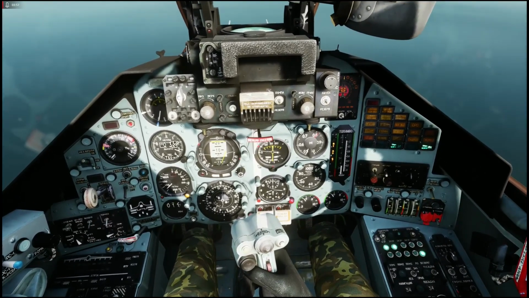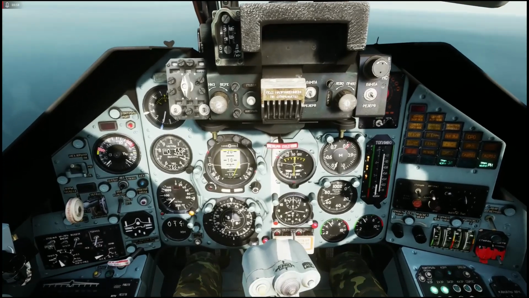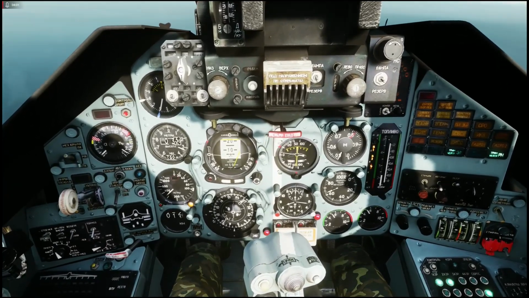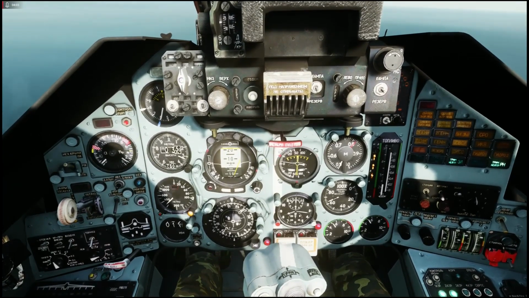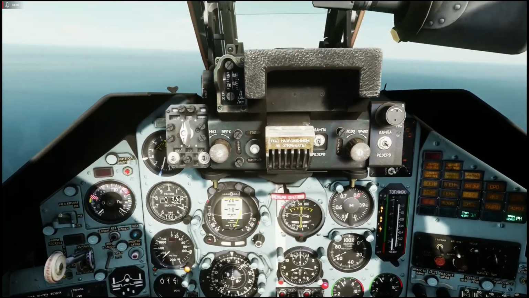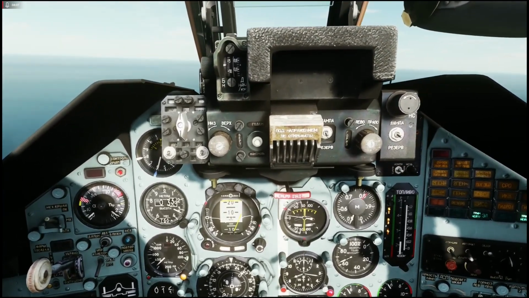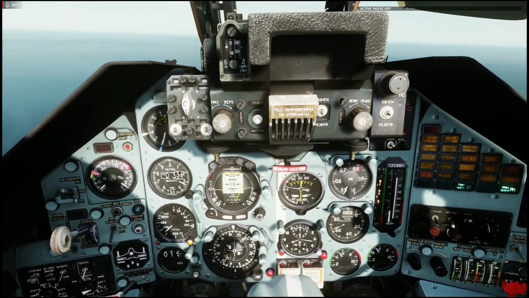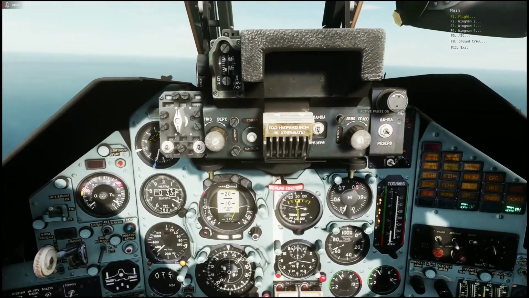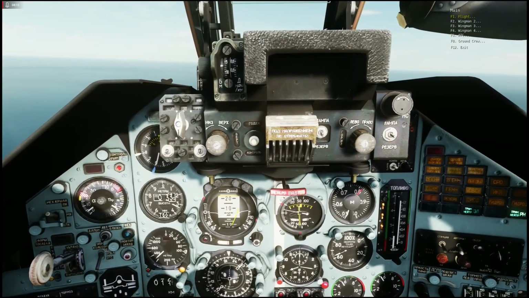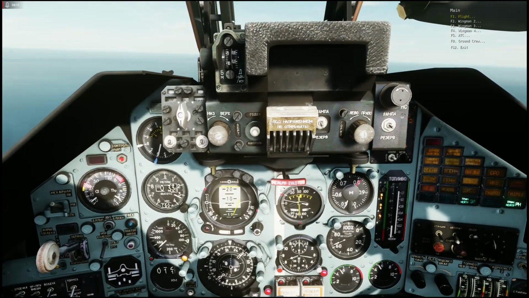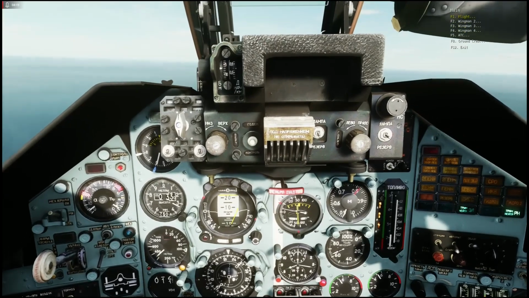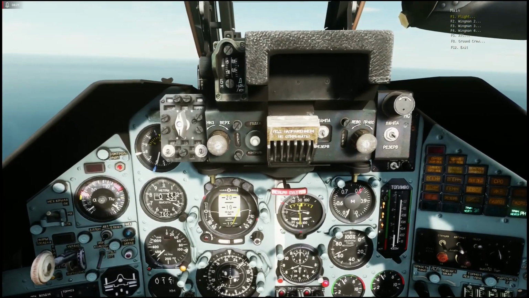gonna line up for landing, gonna use my course deviation needle and bearing needle to line up roughly. Then I'm going to use the ADI, and I'm aiming for, first of all, I want to be lined up with the runway.